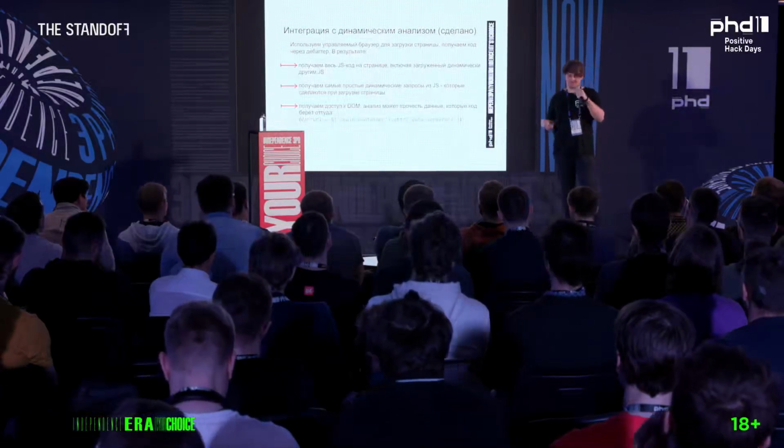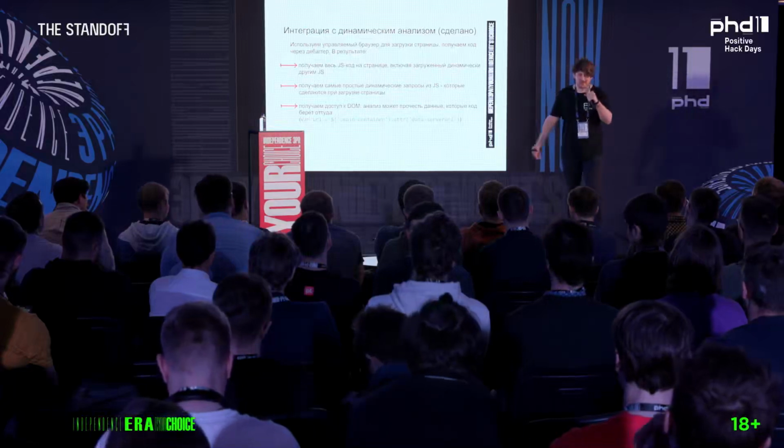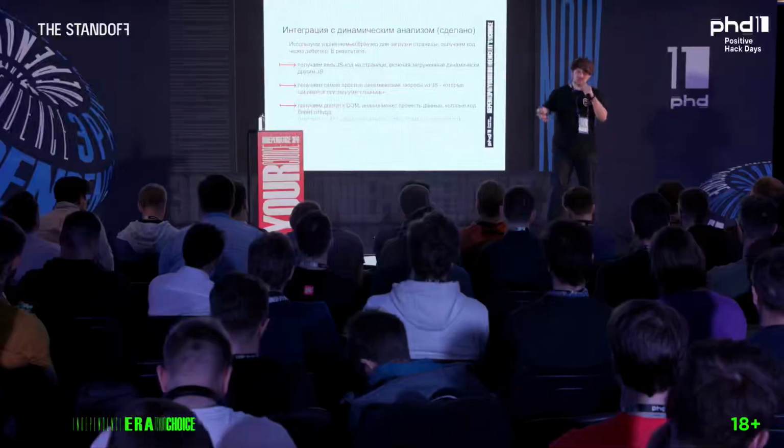Besides, we get all the calls that you would regularly get when you download the page. The analyzer would have it, and we also have access to DOM and DOM API. So if a value is taken from DOM, we no longer have a problem to understand it.